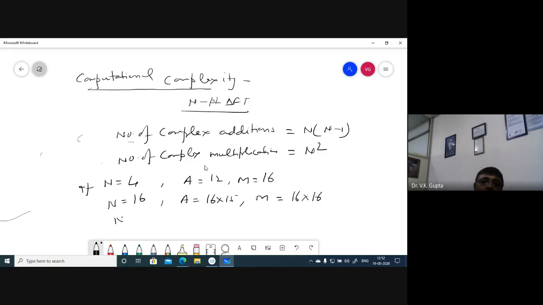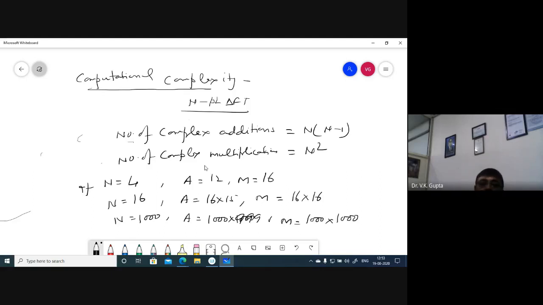If you want to calculate the 1000-point DFT of a sequence for better visibility of the frequency spectrum, we have to zero pad, means add zeros in the sequence. So let us take N equal to 1000. Then the number of additions will be 1000 into 999, and multiplications will be 1000 into 1000.